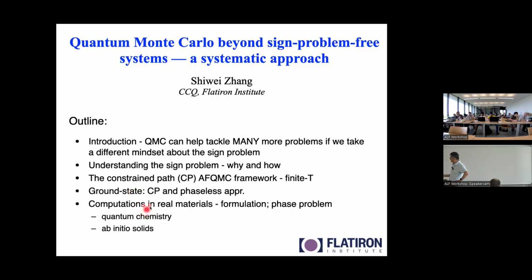In particular, this part is geared toward computation in real materials, like the hydrogen chain I mentioned, how you formulate the problem and deal with the phase problem. This has already been in existence for a while, with a lot of applications in quantum chemistry that I'll briefly touch on, and then ab initio solids.